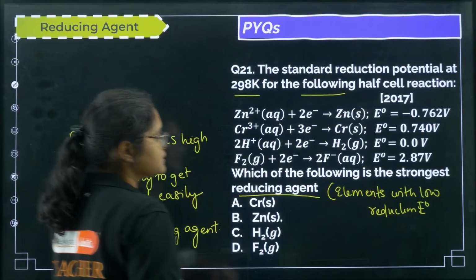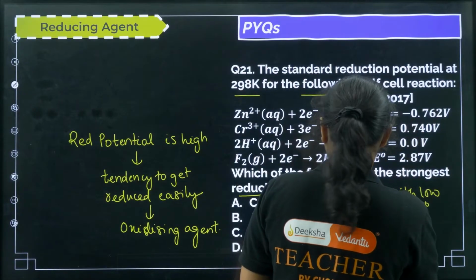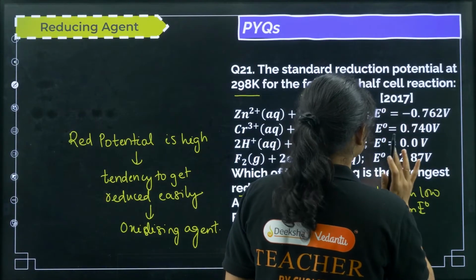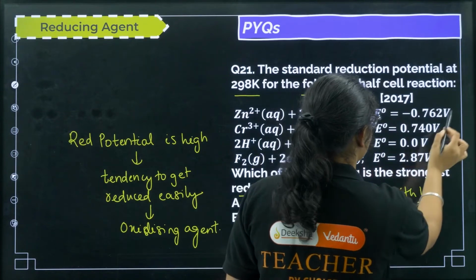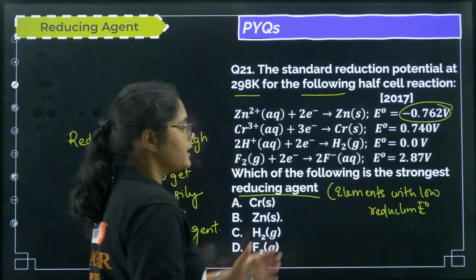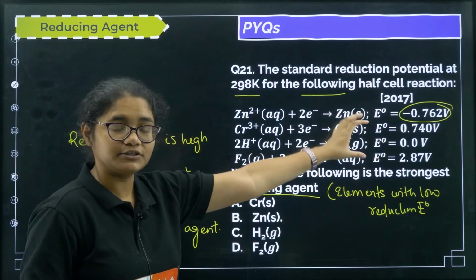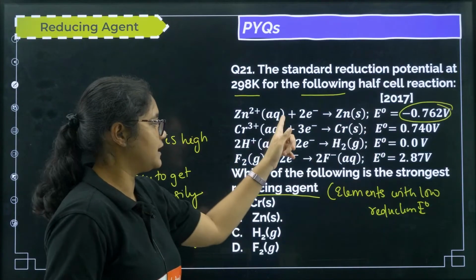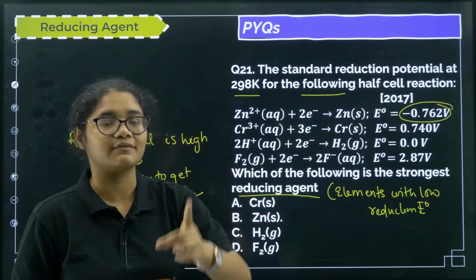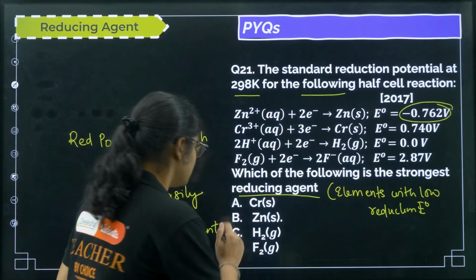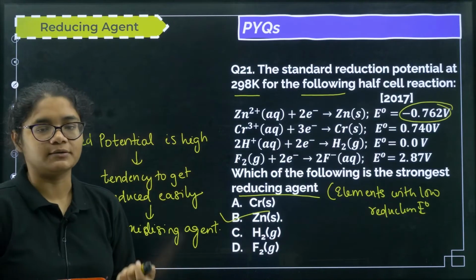Okay, so we can see here out of this all, the one which is having the least reduction potential value is -0.76, right? This is the least one. So if reduction potential is very low, that means it has the tendency to get oxidized and it can behave as a very good reducing agent. So zinc is the correct answer, option number B here.